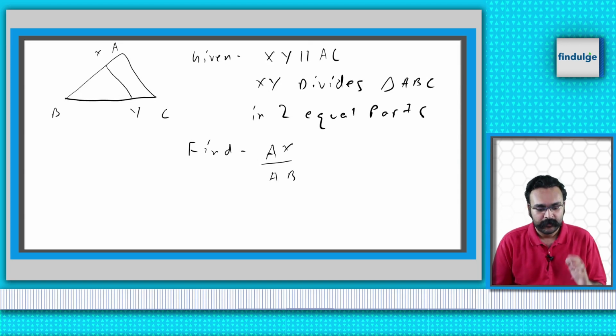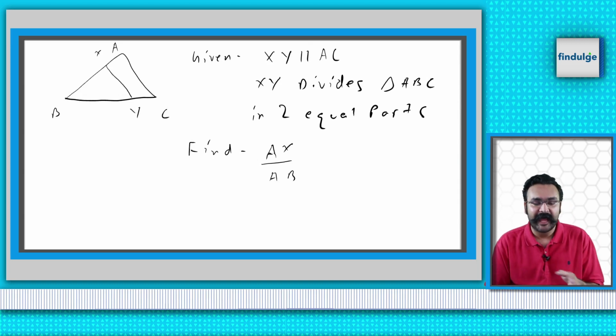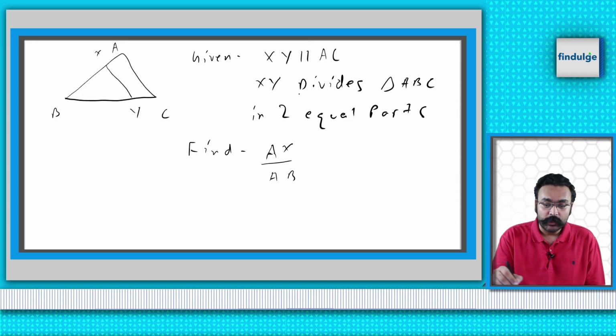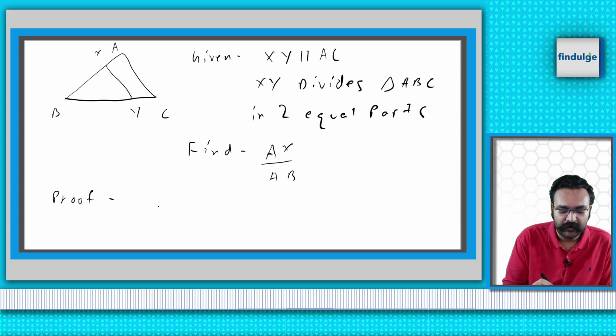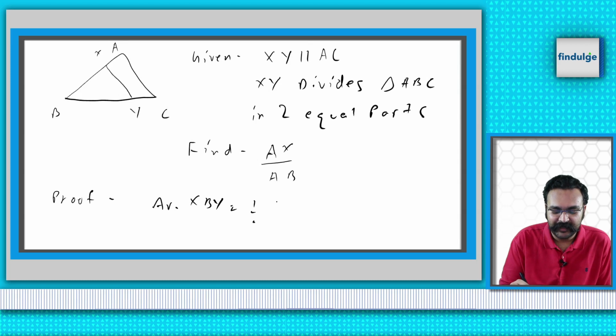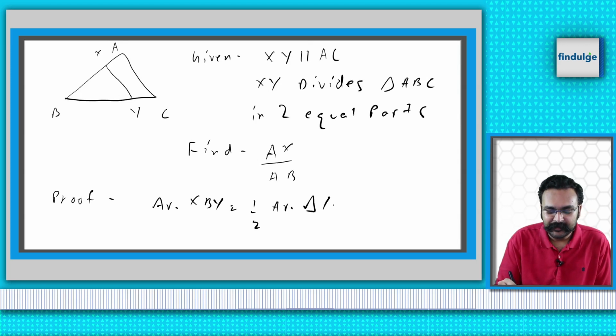Now let's look at a question where we will use this relationship between the area and the sides. We are given that XY is parallel to AC in triangle ABC. It is also given that XY divides triangle ABC into two equal parts. Obviously, that means area of XBY is equal to area of AXYC, or the very first thing is that area of XBY is equal to half the area of ABC.